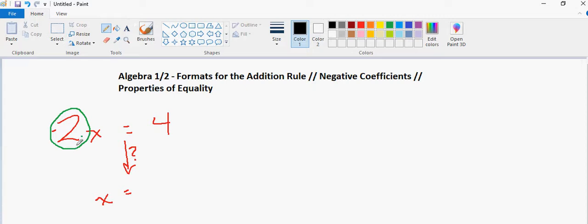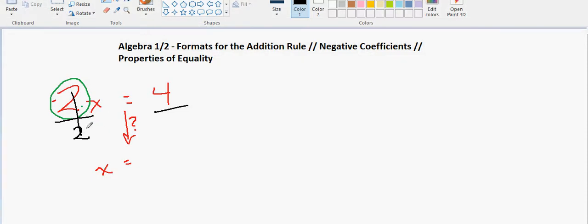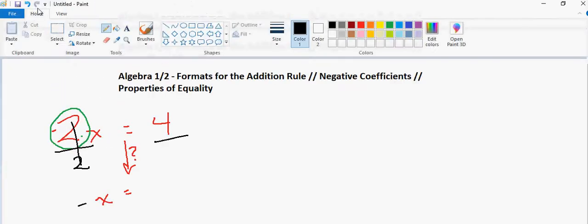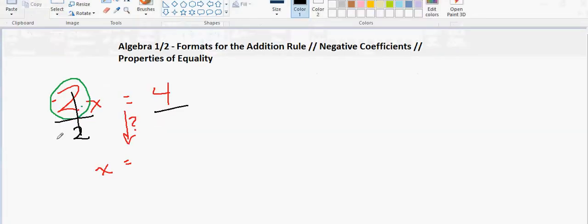Well, normally, since this is multiplication, we would divide or multiply by a reciprocal. I like divide though. And we would usually divide by 2 to cancel our 2's. But that would still leave a negative x, and I don't like that. So you can actually skip a step, make it easy, and get rid of that negative, by dividing by a negative 2.